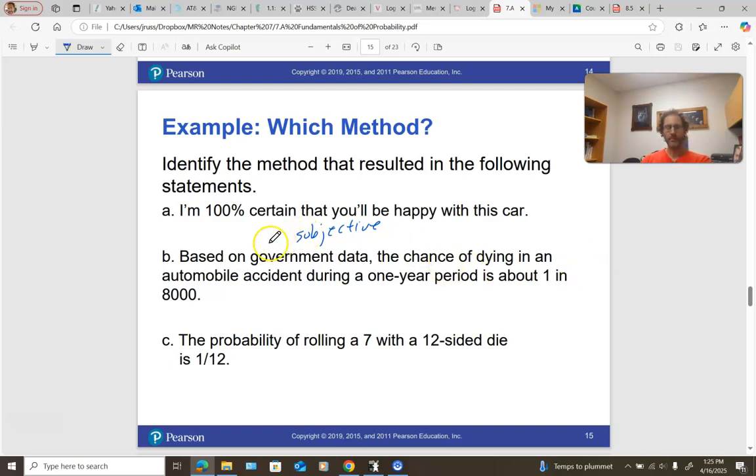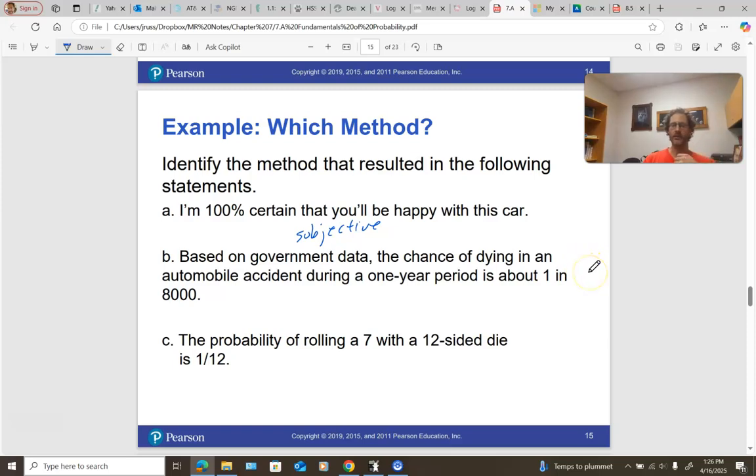Part B here. It says, based on government data, the chance of dying in an automobile accident during a 1-year period is about 1 in 8,000. Okay, this would be relative frequency, because what we're doing here is we're looking at data in the past and assessing the probability that way.